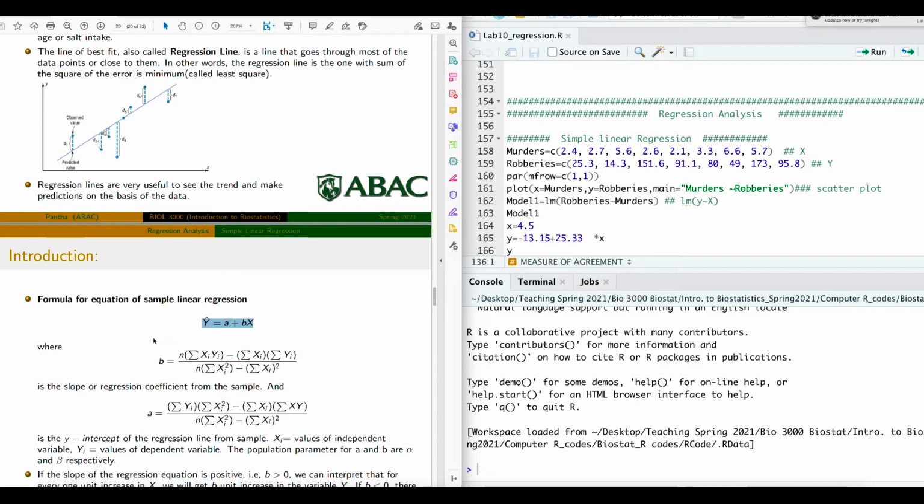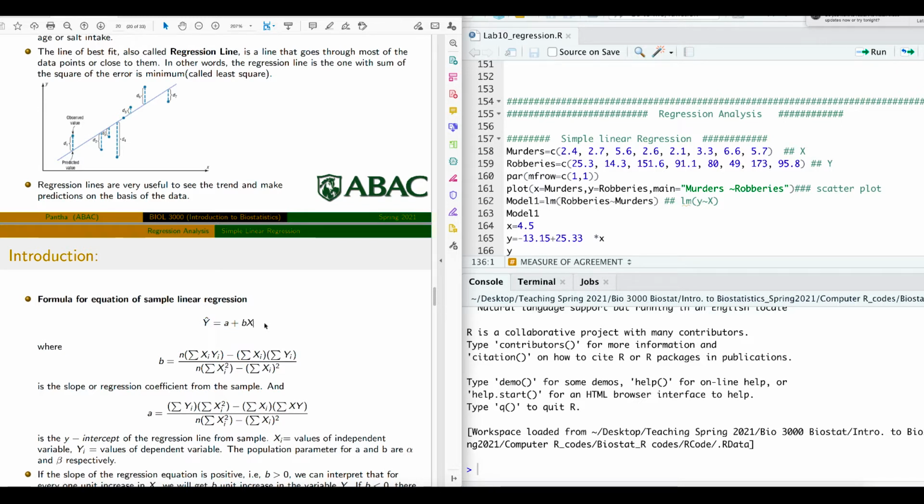So the formula for the sample linear regression line, which we denote by y hat, is y hat equals a plus b times x. Where x is the x data, y hat is the y data. We use the x and y values to determine a and b.